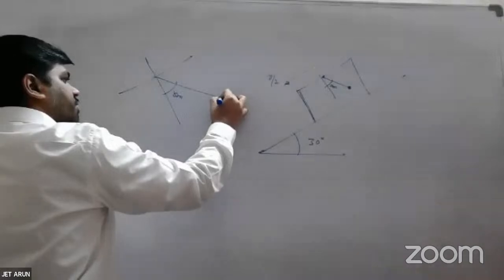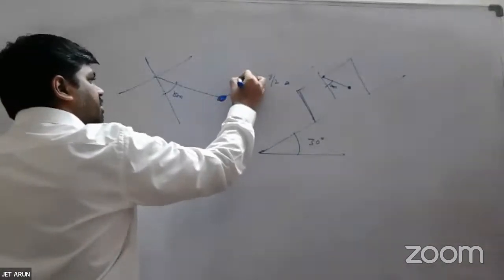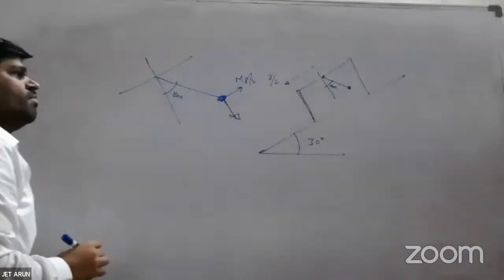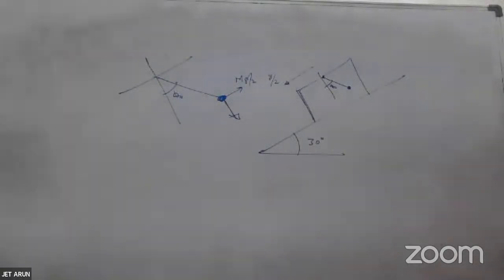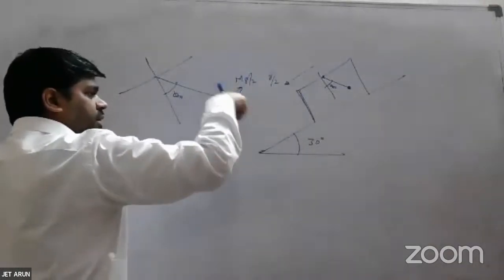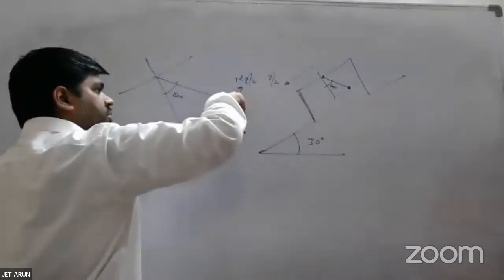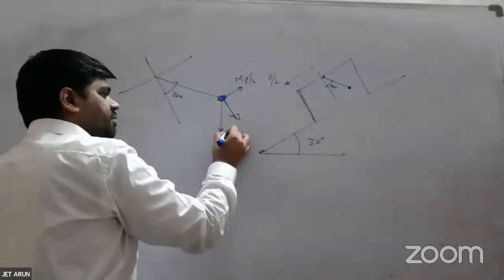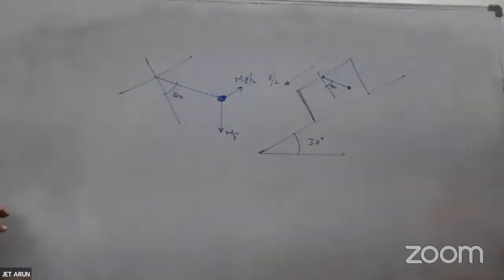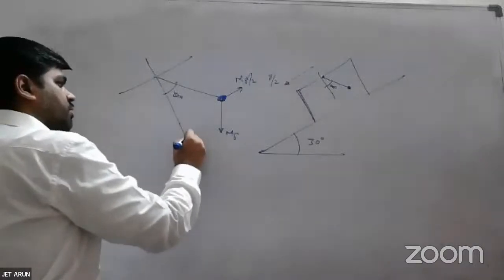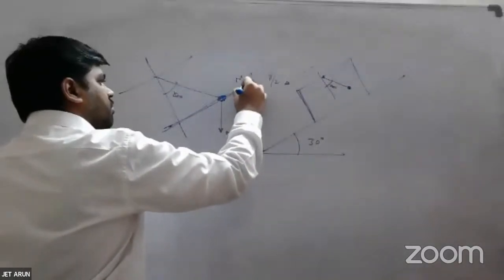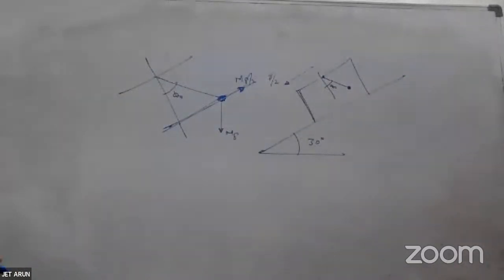All right. This is mg by 2. This is how much? I've got mg, right? This way is mg. This is mg by 2. Okay, now look at the students.